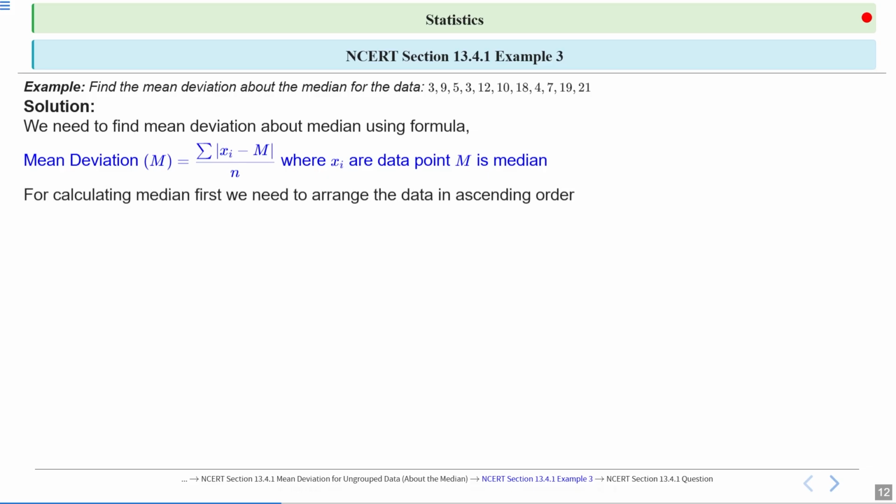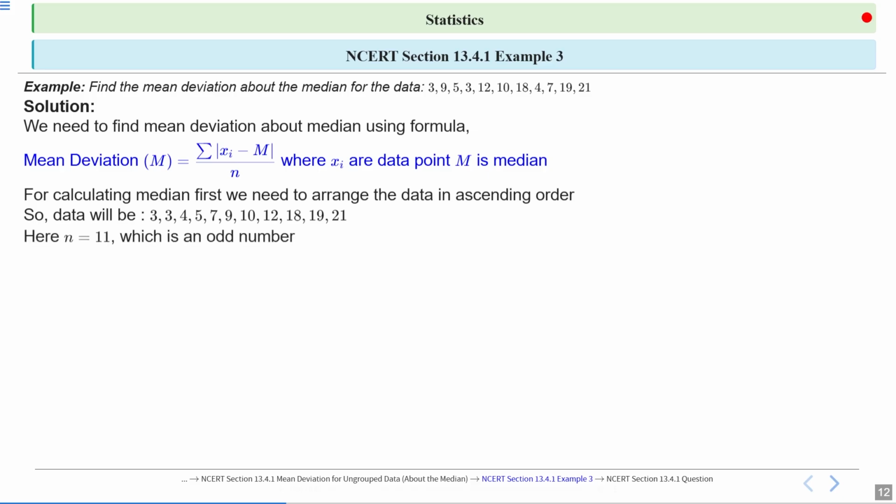So for calculating median, first we need to arrange the data in ascending order, meaning smallest to largest. So the data will be 3, 3, 4, 5, 7, 9, 10, 12, 18, 19, 21.